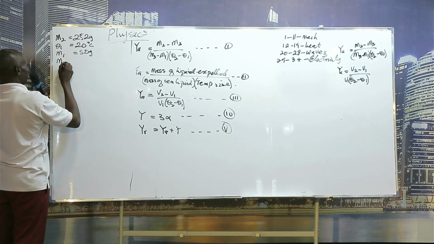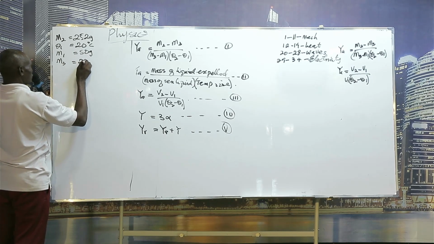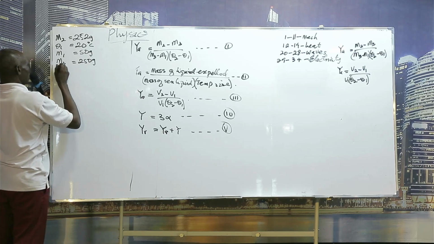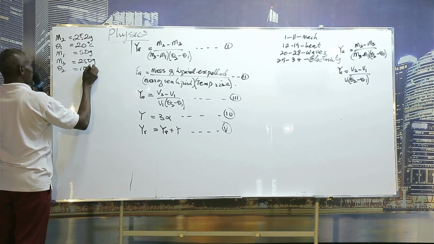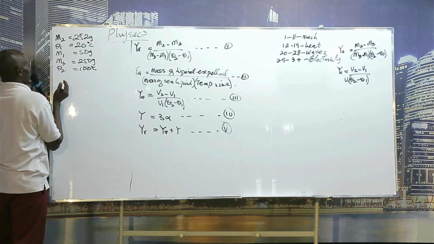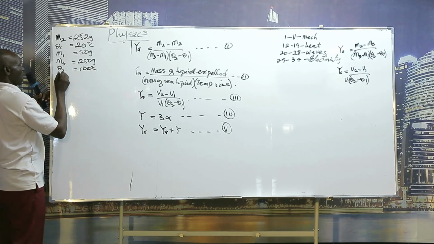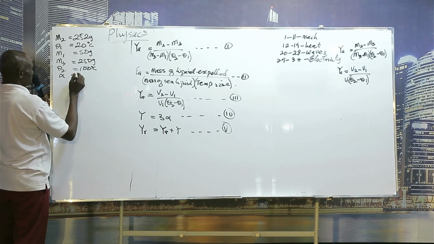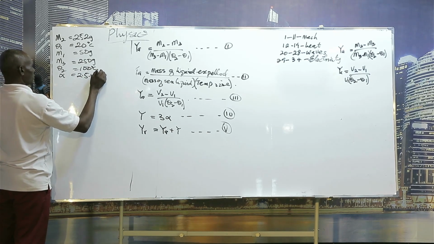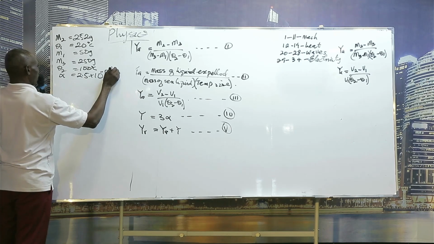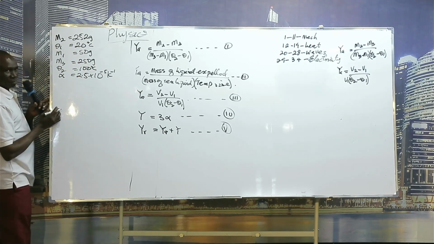What is our M3? 250 grams. What is our theta 2? 100 degrees C. Then our alpha is what? 2.5 times 10 to power what? Minus 5 per Kelvin. These are the parameters.